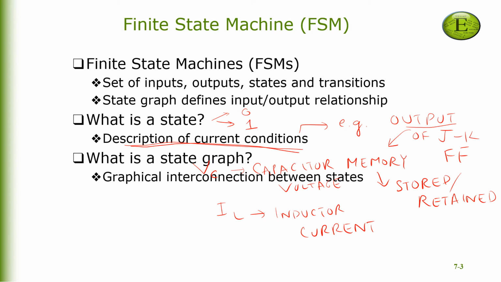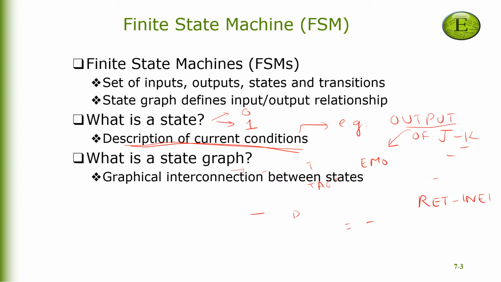The state graph is actually an interconnection between the states, as we saw in the previous example, when the transition was required from JK output state 1 to JK output state 0.